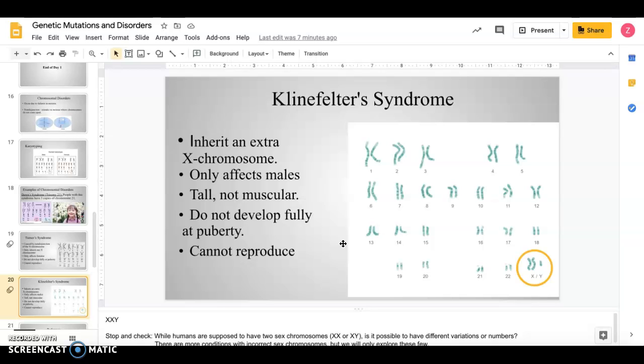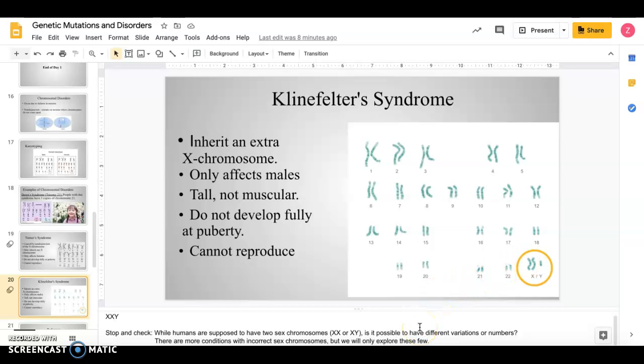This results in these men being tall but not muscular, and they also do not fully develop at puberty, and they cannot reproduce. They will have XXY, so they will have 47 chromosomes total.